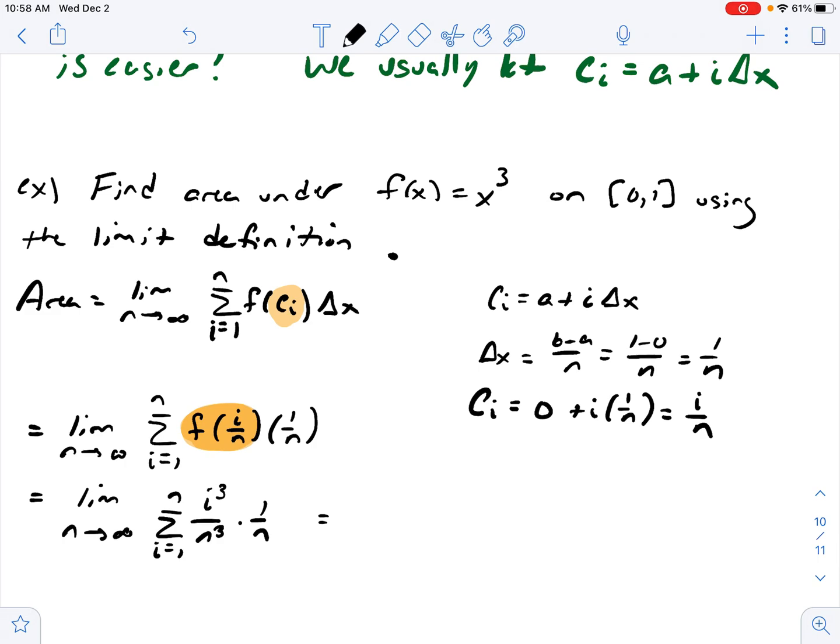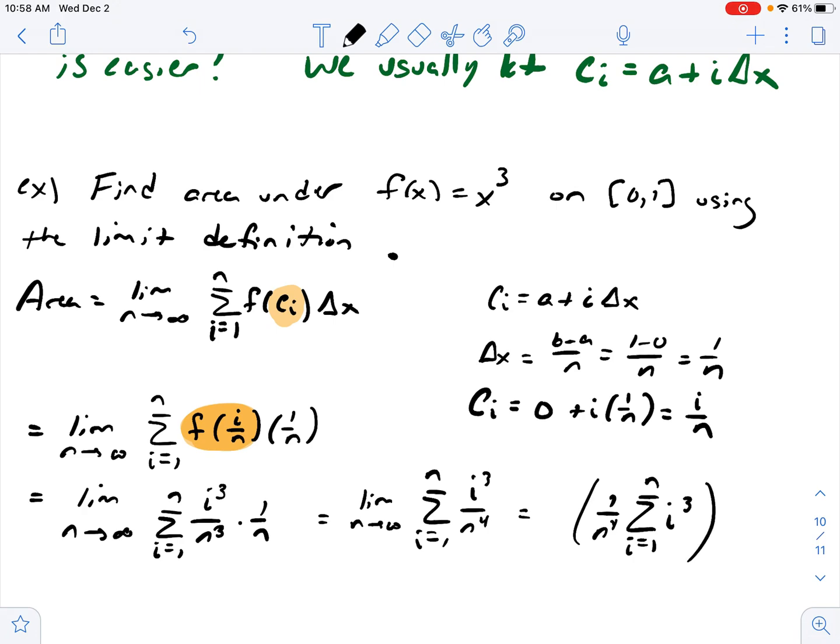Okay? And so we should see we've got 1 over n to the 4th here, and that's what I'm going to factor out front. So watch. Let me write it like this. We've got i cubed over n to the 4th, and I'm going to bring that 1 over n to the 4th out in front of the summation. Okay?